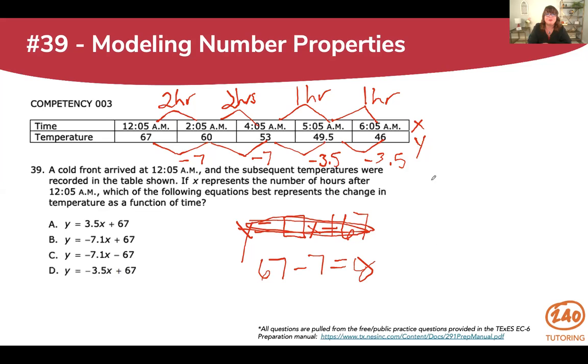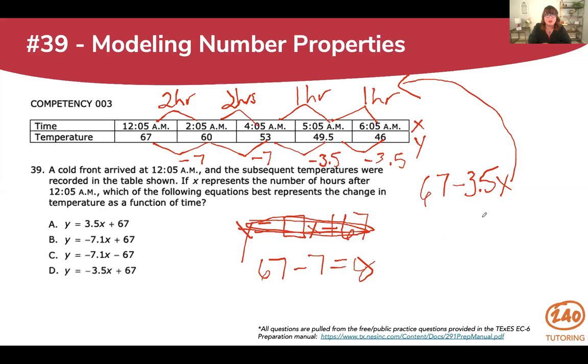So I'm going to have to set this up as 67, everybody with me, minus 3.5x, where x equals hours. So if it's 1 hour, yeah, it went down 3.5, because 3.5 times 1 would still be 3.5. If it was 2 hours in between, it would be 3.5 times 2.